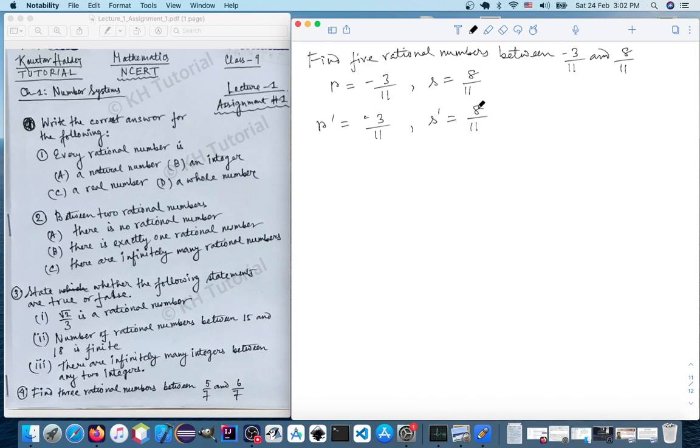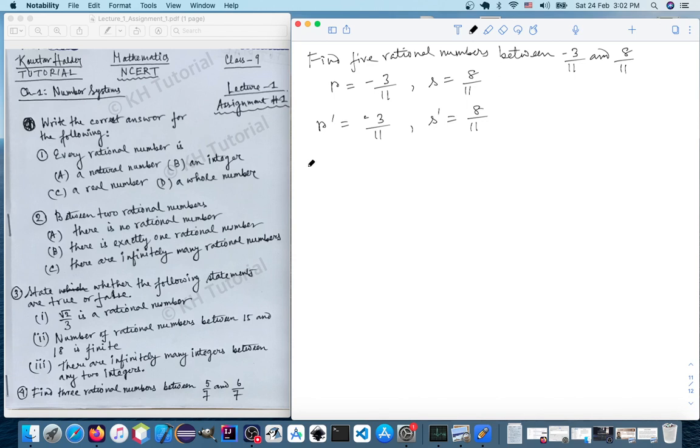The first step was to transform R and S to equivalent rational numbers where both have the same denominator, which is the LCM of the denominators of R and S. Now, since the given two rational numbers in this problem have the same denominator 11, we already have R dash and S dash as minus 3 by 11 and 8 by 11.